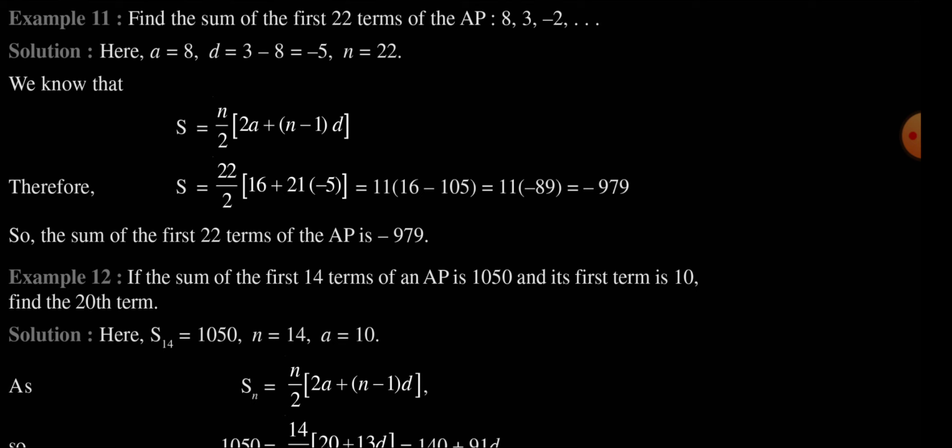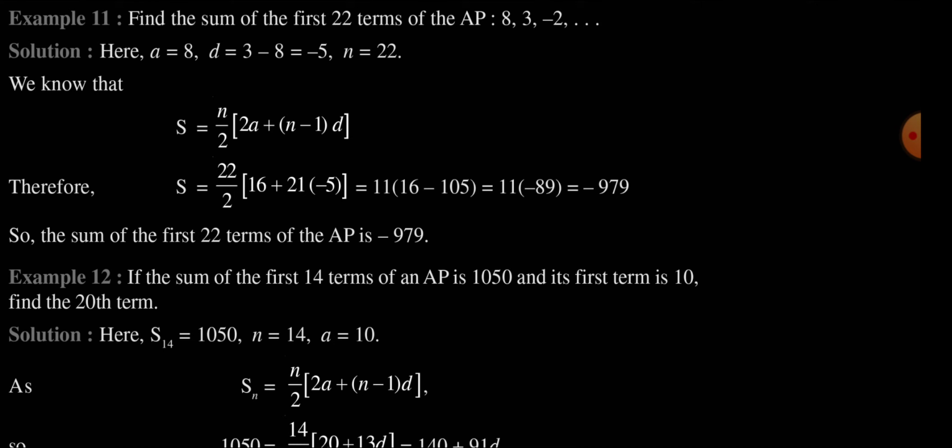We know that S is equal to n upon 2 [2a plus (n minus 1) d]. Therefore, the sum is equal to 22 upon 2 [16 plus 21 into minus 5] is equal to 11 [16 minus 105] is equal to 11 into minus 89 is equal to minus 979.